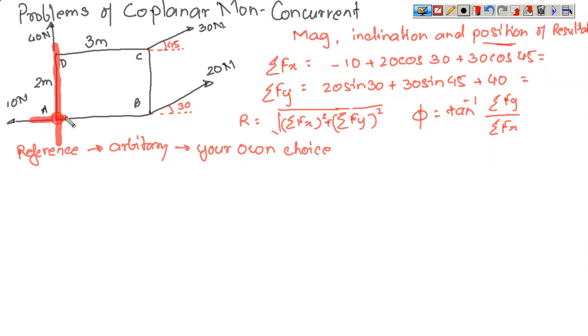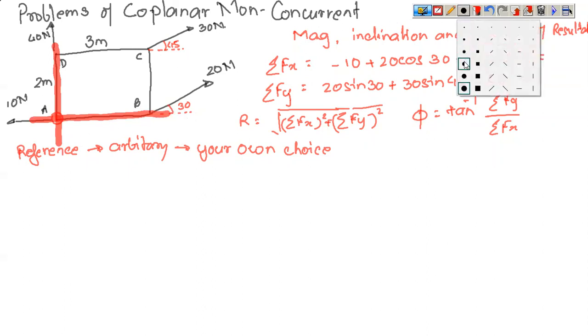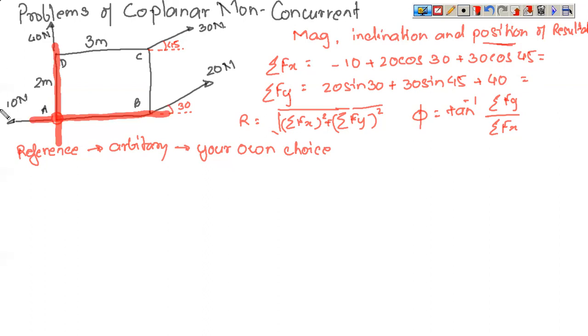So this is your line of axis of moment. This plus indicates this is your line of action of moment. Now this is predefined, this is your choice. Line of action of moment means that all distances henceforth will be calculated with respect to point A only.